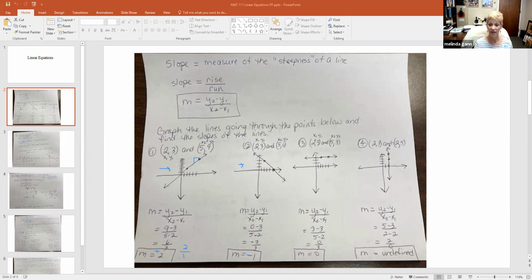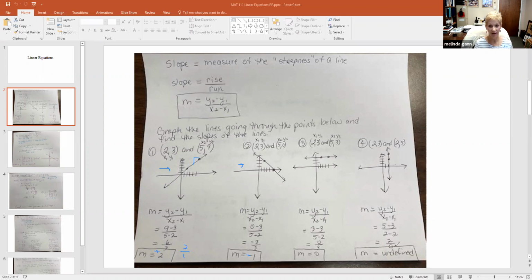Now, this line's vertical. Is it steep? It's really, really steep. Look what happens. When the x coordinates match, like 2, 3, and 2, 5, when you graph those and draw the line, it's going to be vertical. And when you substitute in your formula, when you do y sub 2 minus y sub 1, see I got 2 on the top, but because my x's match, 2 minus 2, I got 0 on the bottom.